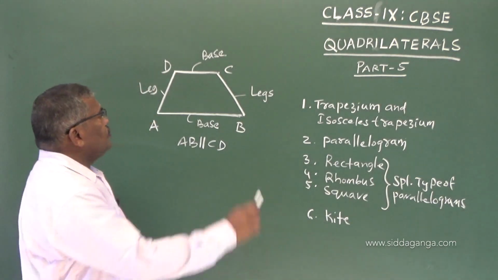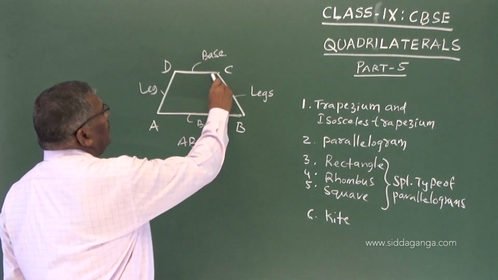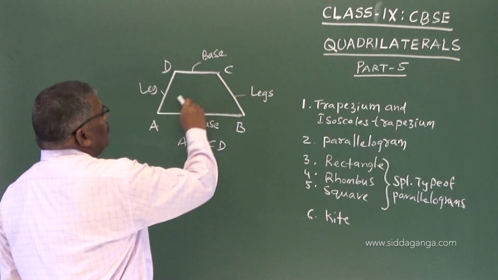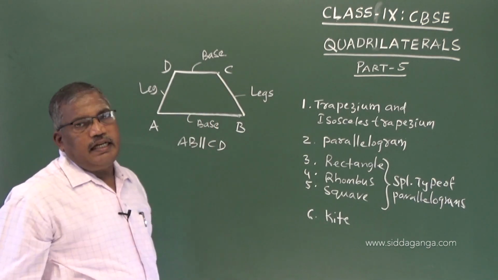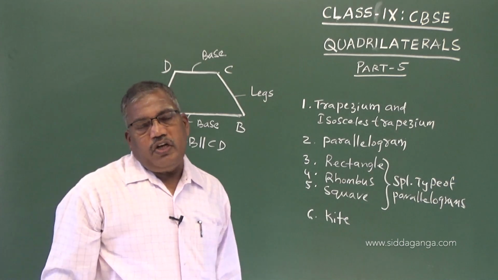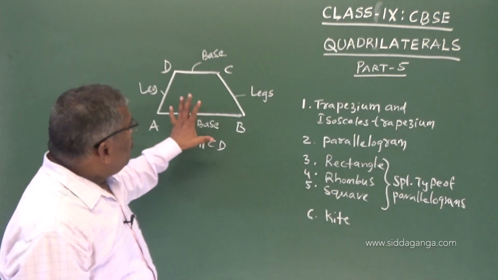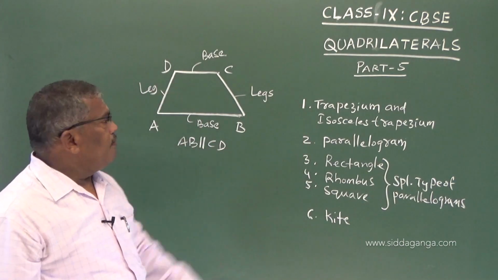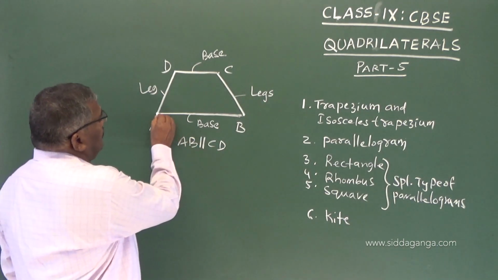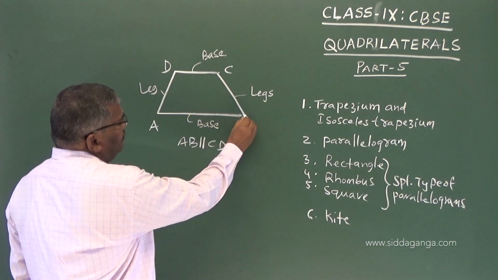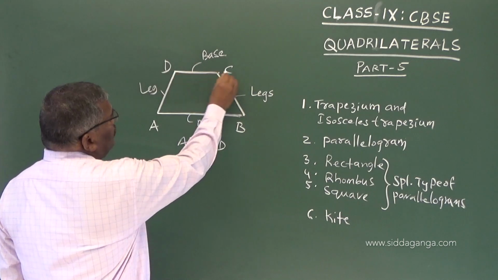And as usual, when we join the opposite corners, we call them diagonals. We have 2 diagonals. The properties of this trapezium are: as I told, this is the base and this is also the base.